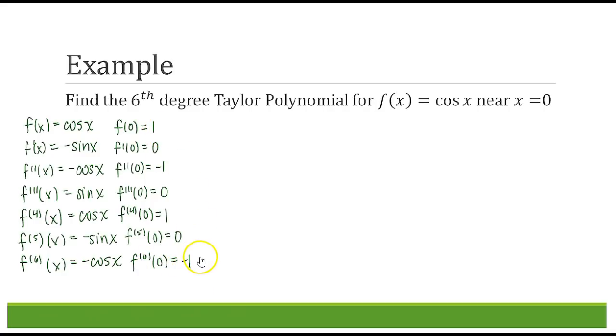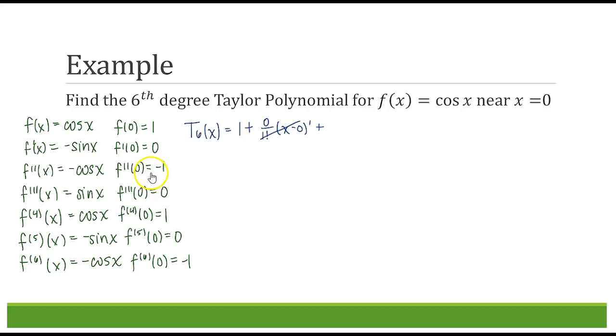So from here, we can start to build our Taylor polynomial. Alright, so we're going to go ahead and say that T sub 6 of x is going to be f of a. Well, f of 0 is 1, so I'm just going to start substituting in automatically. And then plus, so here we're going to have 0 over 1 factorial, and then x minus 0 to the first power. So that term's actually going to disappear.